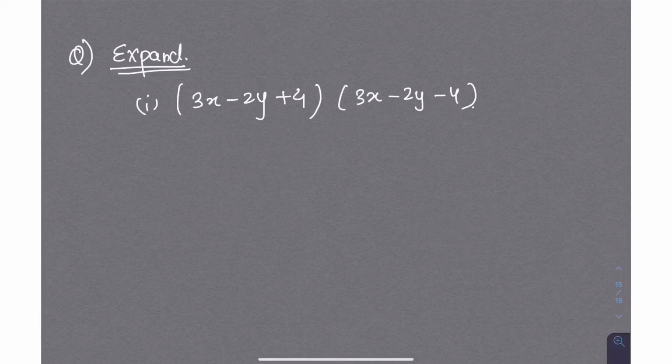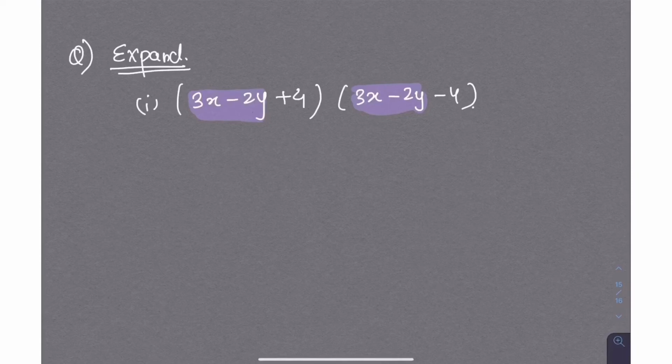So we have to use some logic. And the logic is very easy. If you check the first two terms, what are the first two terms given? 3x minus 2y. So for the first bracket, the first two terms are 3x minus 2y. And for the second bracket, we have the same value here, 3x minus 2y.